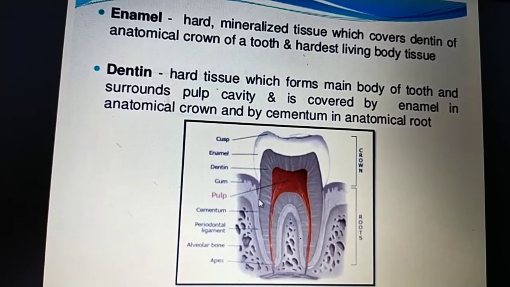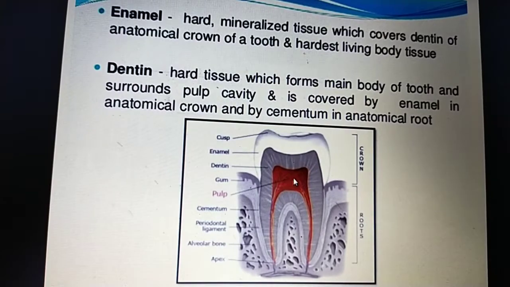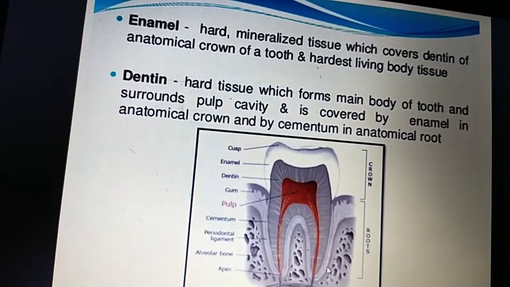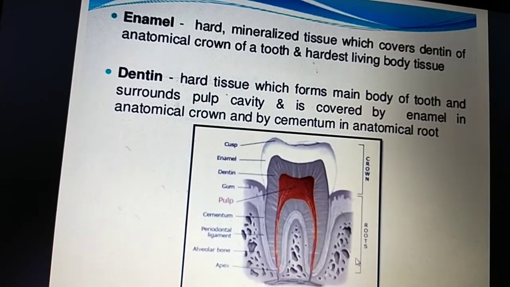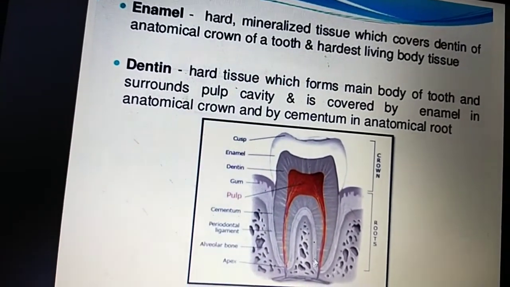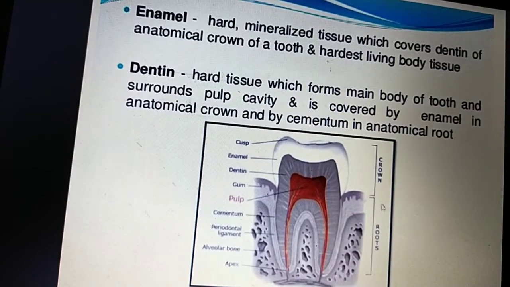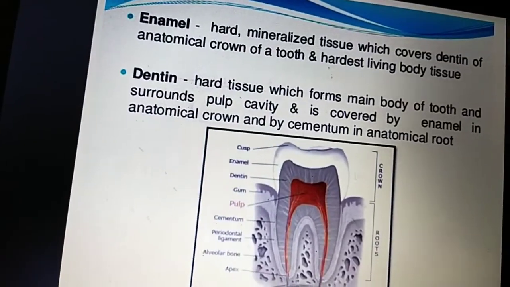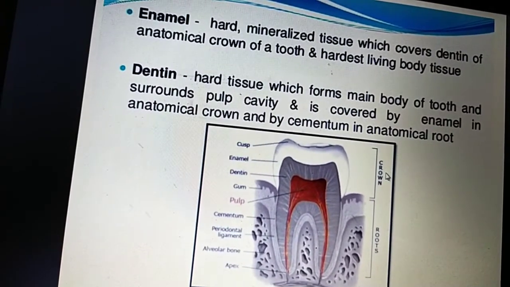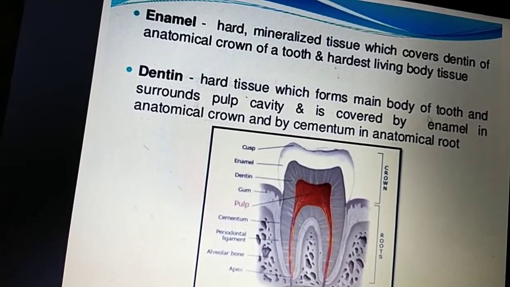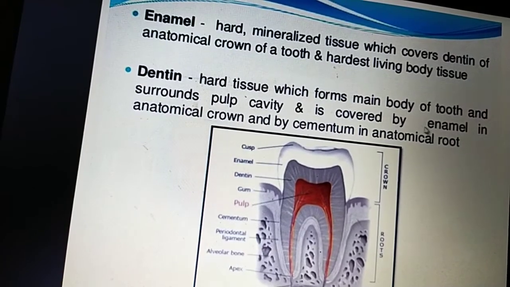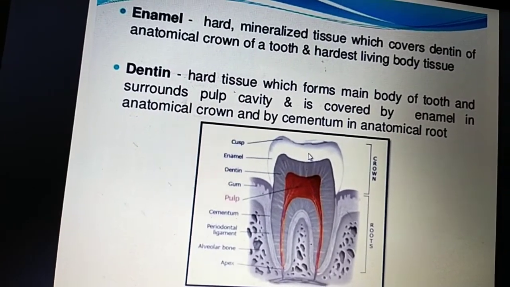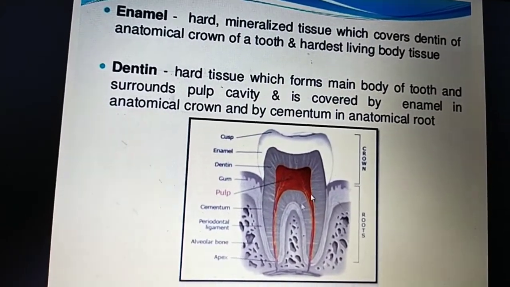In between that, the dentin is present, and dentin is created by cells called odontoblasts. It is not as hard as enamel, but it makes up the major portion of the tooth.